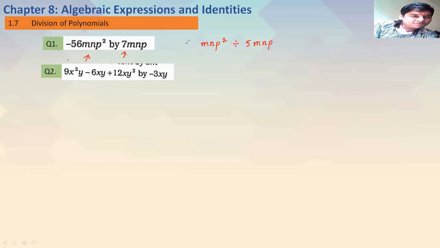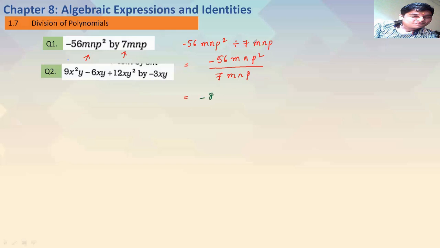I will make sure that I take enough questions. So negative 56 MNP squared over 7 MNP. Just like we divide numbers, we first have negative 56 divided by 7. What is it going to yield? Negative 8, right?